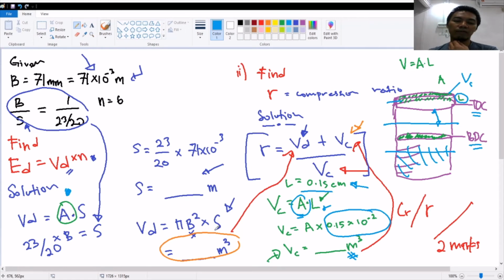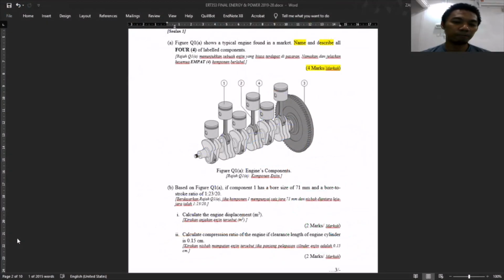You have VD from the previous question 1, and you have VC here. You just calculate it and put it inside this compression ratio formula. So for this question, you can have 2 marks. You can go to the next question C. Question C.